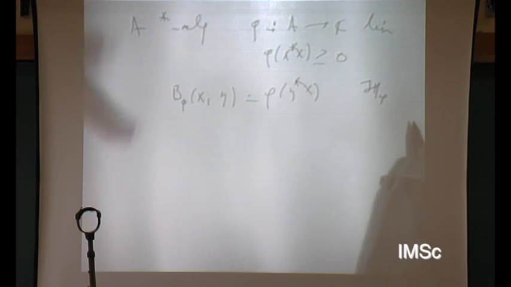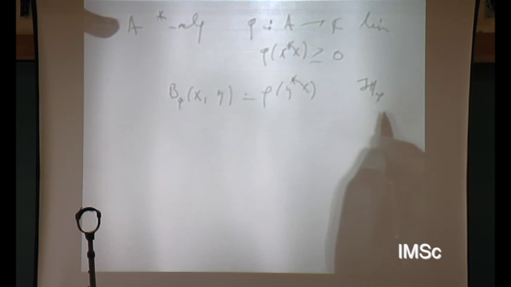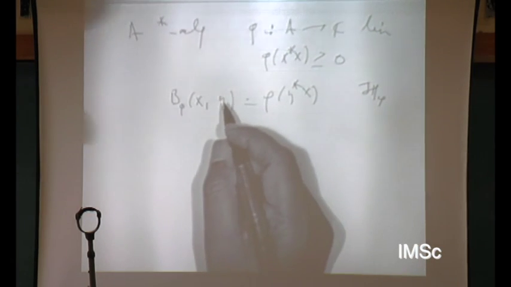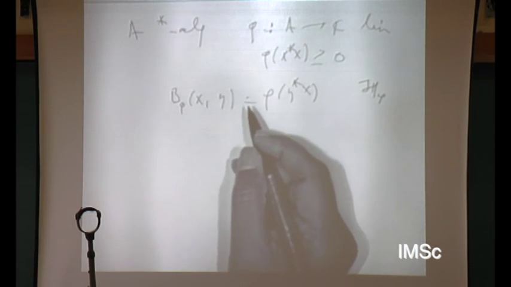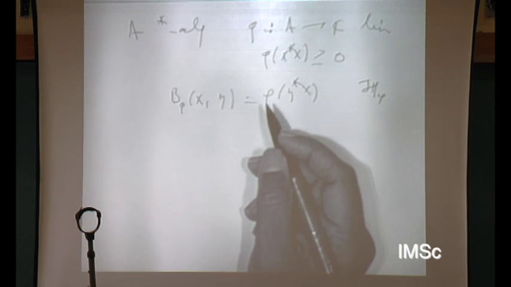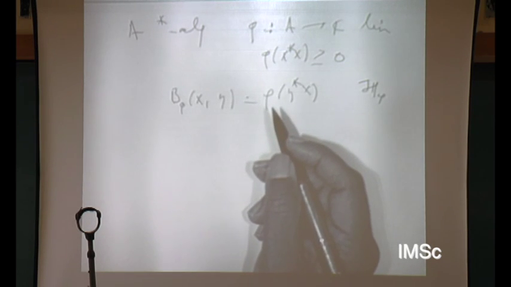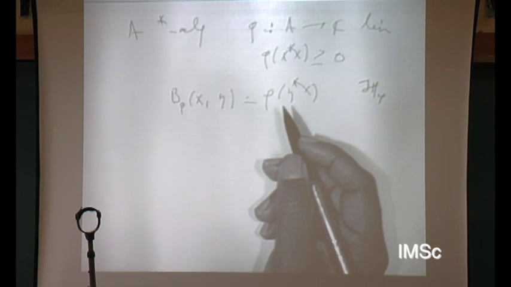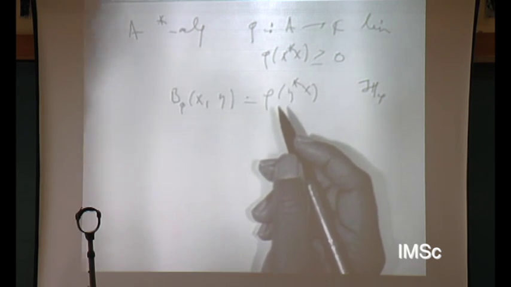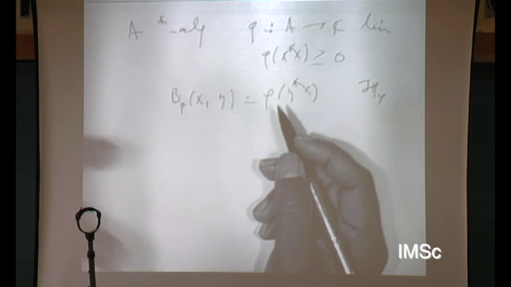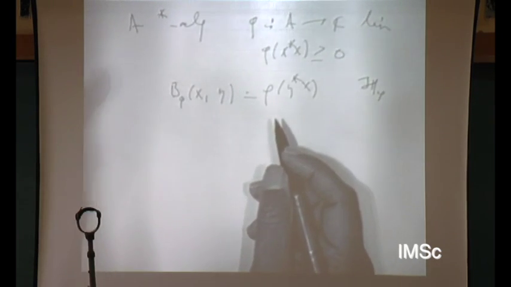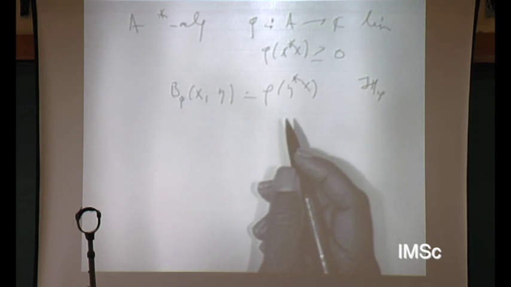How do you ensure that there is a representation of A on H phi? First, exactly as before, on the quotient space A mod N phi, because you only use the fact that the radical of a positive form is a left ideal because of the Cauchy-Schwarz inequality, A will act on the left of the quotient by the left ideal.